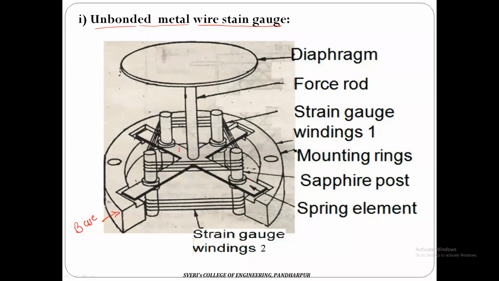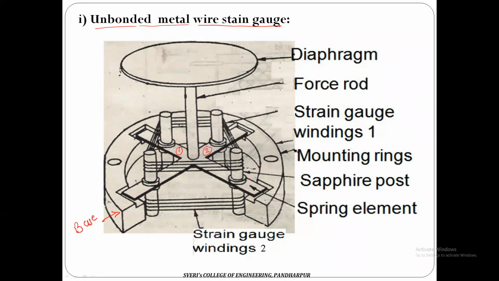This one is the first and this one is the second. On those two strips, at the exact midpoint, or exact meeting of these two strips, one rod is connected to the diaphragm, and this is called the force rod. A very important thing is that this is the diaphragm.